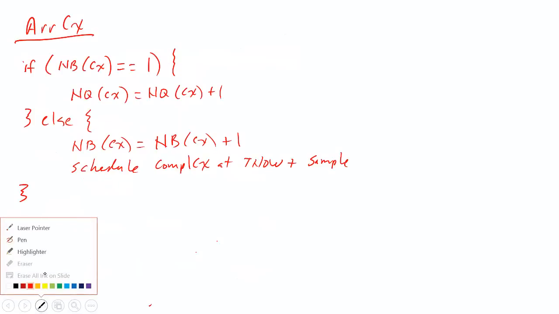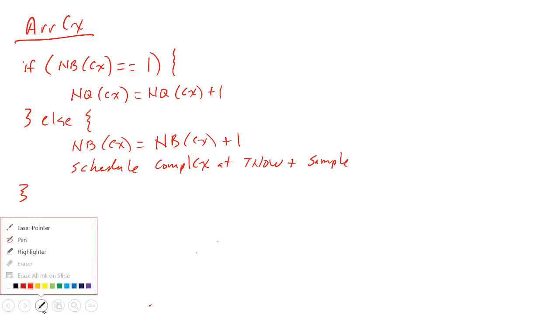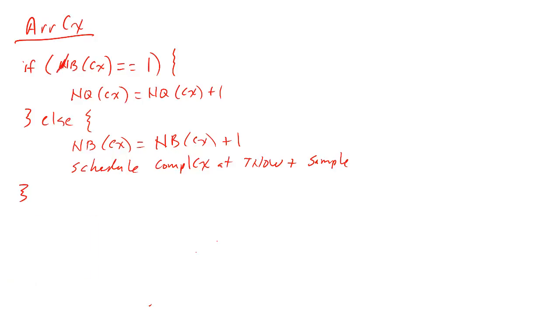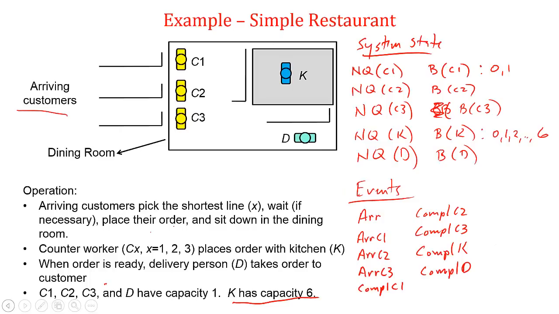So let's get rid of that in here, and in here, and in here. What I meant to do was just have BCX here rather than NBCX. Sorry about that. I hope that wasn't too confusing. Okay, so now we've completely defined the arrival CX events, and so let's go back.